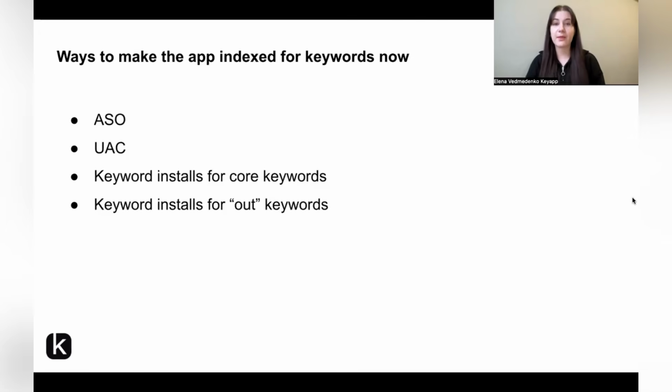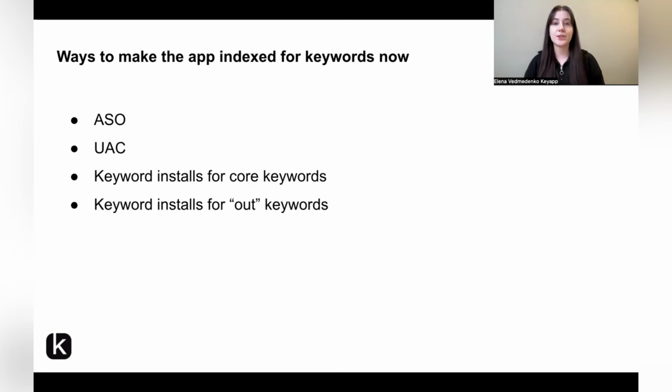So we remember that the main ways to make the application indexed for the keywords are, of course, App Store optimization, because qualitative text metadata should help to generate indexed keywords for your application. Of course, we remember as well about Google Ads, when we add some paid traffic to the application to start the indexation process. Also, we should remember about the promotion of core keywords.